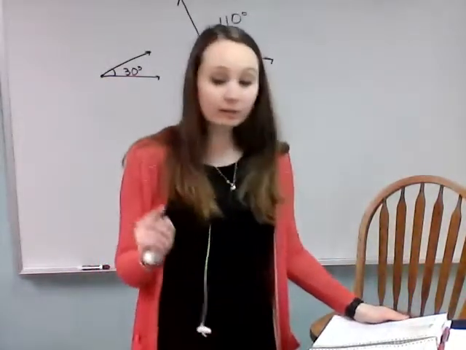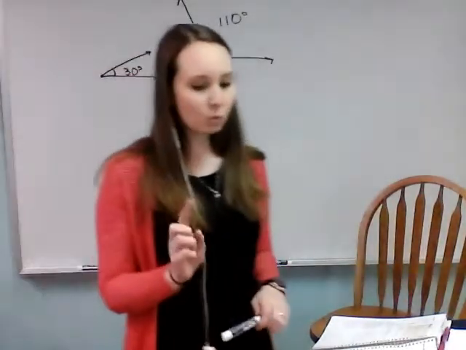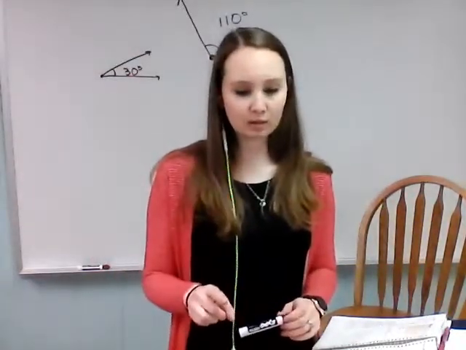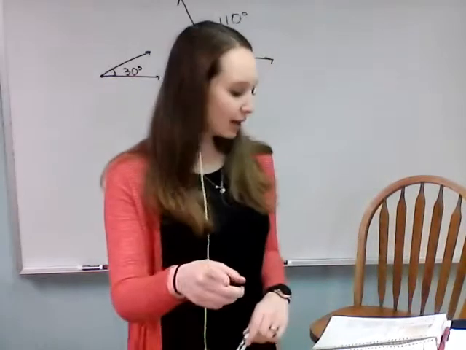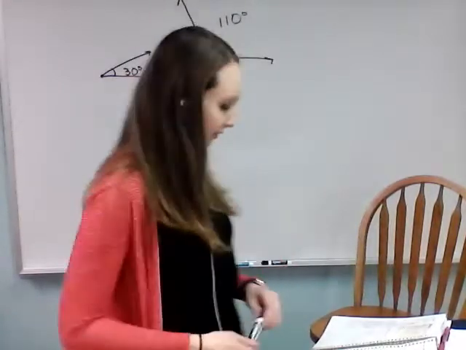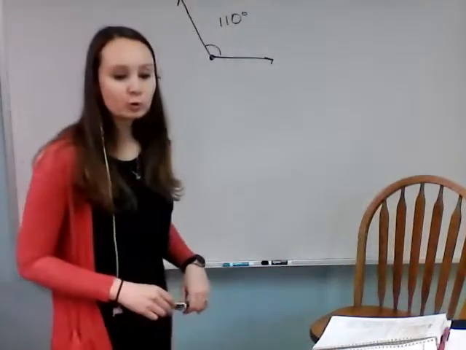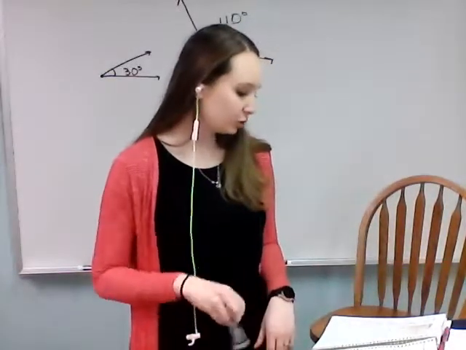So B is 150, so that's going to be bigger than 90. What is the angle called if it's bigger than 90? Who remembers? Obtuse, good. And then Vlada, what is it if it's less than 90? Acute, perfect, very good job. So go ahead and draw your obtuse angle, your 150, and then do your 75.